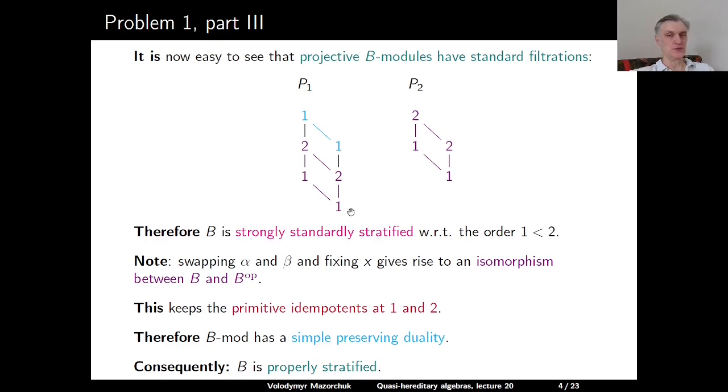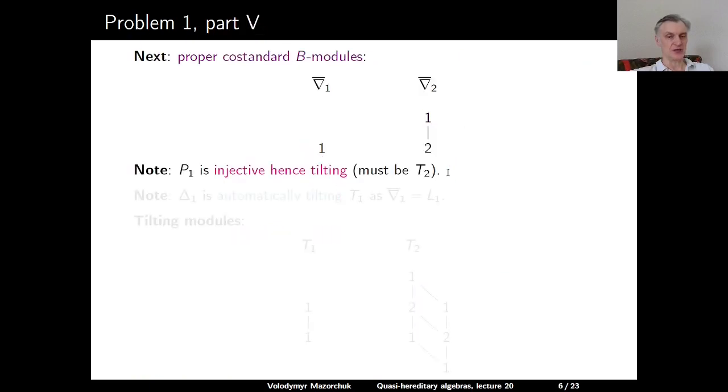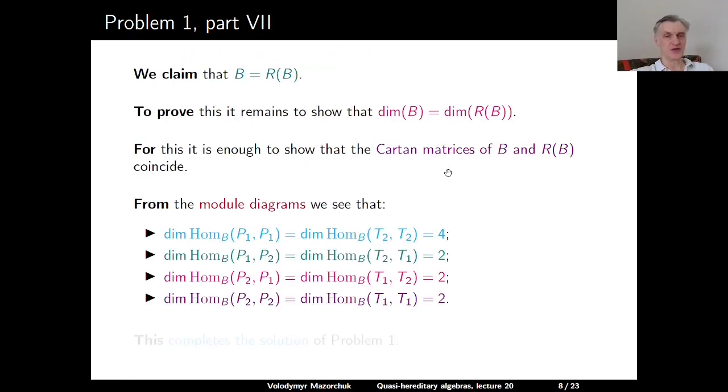So it's also two-dimensional. And the endomorphism of P2 is two-dimensional. The endomorphism of T1 is also two-dimensional. This means that all entries of the Cartan matrices are the same and completes the solution to problem 1. So indeed, in this case, the Ringel dual is isomorphic to the original algebra.